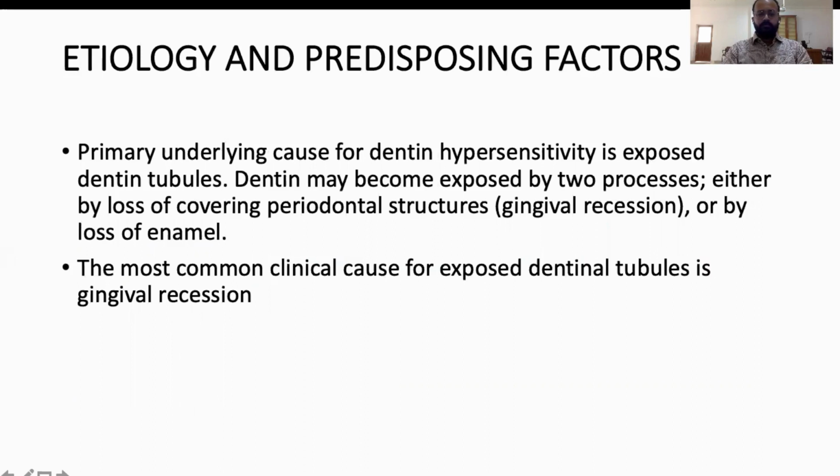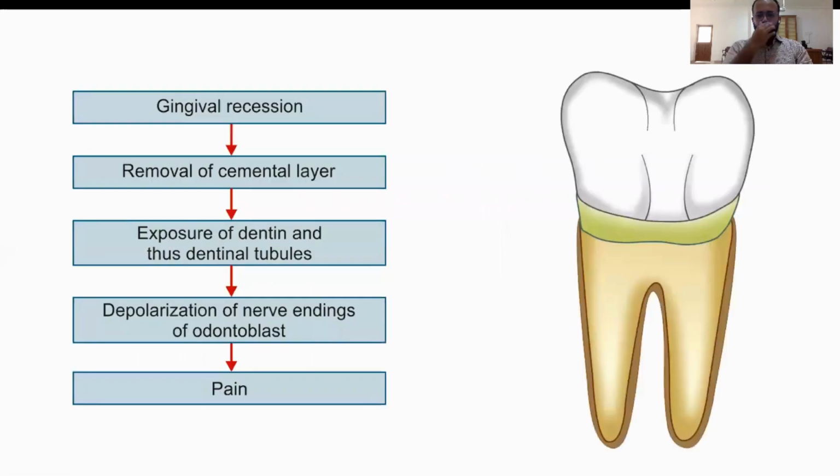The most common clinical cause for exposed dentin tubules is gingival recession. Gingival recession leads to removal of the cementum layer, which in turn exposes the dentin tubules. The exposed dentin tubules cause depolarization of the nerve endings of odontoblasts and result in pain.